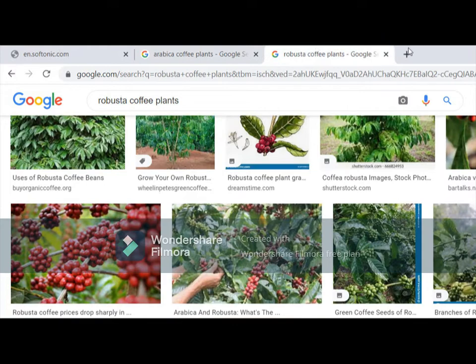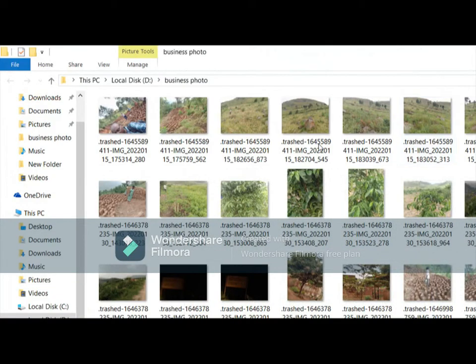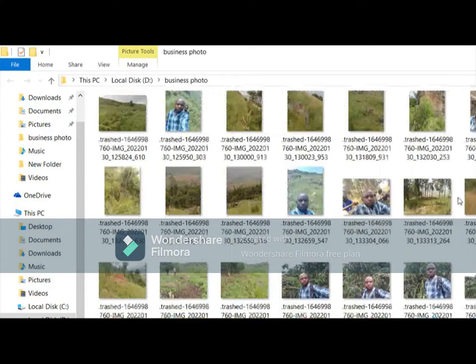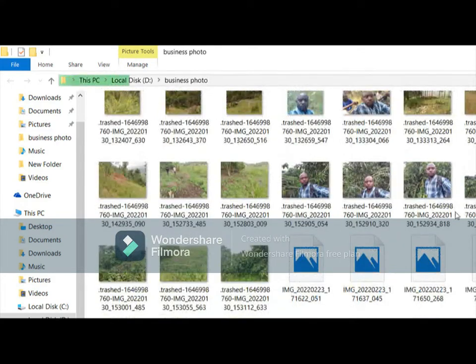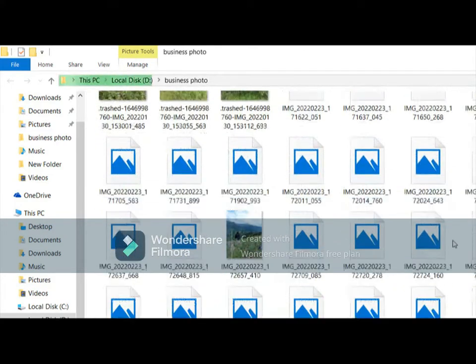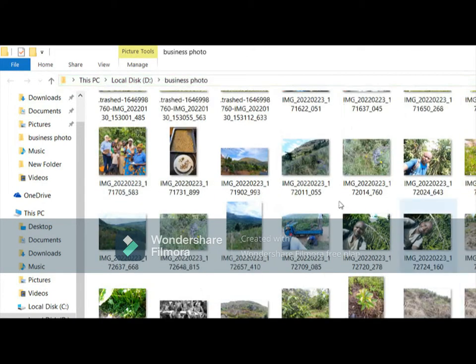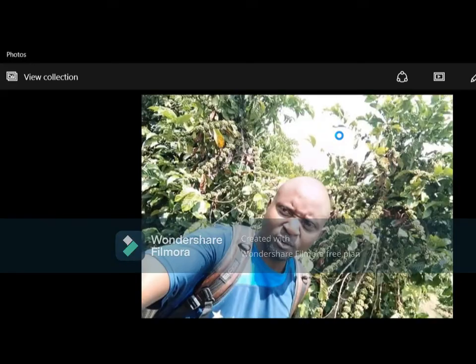Yeah, if I may use the pictures from my own farm. Yes, I have some photos here from my own farm. Here they are. This is Robusta.